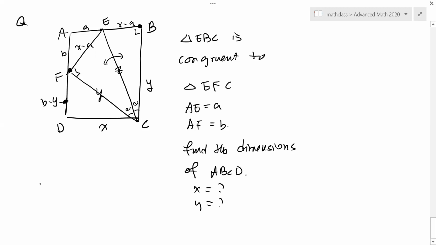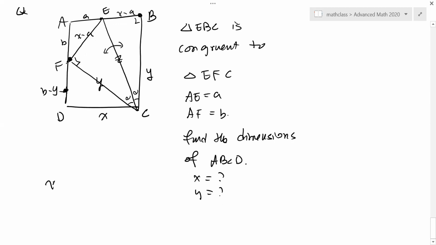So now you have many equations. Okay, x squared plus (b minus y) squared equals y squared. That's the first equation. We apply the Pythagorean theorem to this triangle. And another one is (x minus a) squared plus y squared equals z squared.